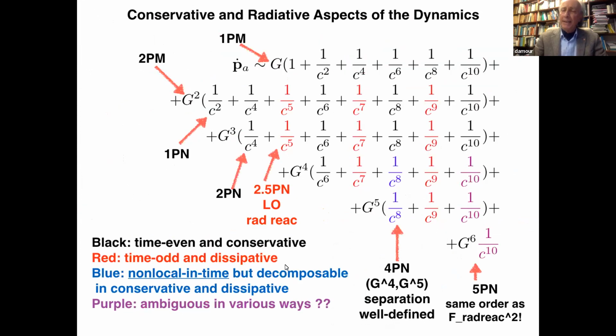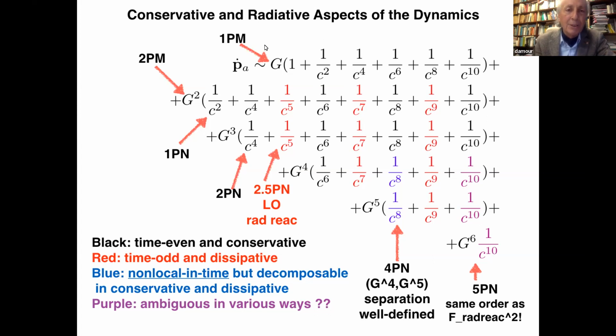Okay. Now, yes, so this busy slide contains some of the central messages I want to discuss, which is the fact that when you look at the dynamics of two bodies in general relativity in some gauge, and for clarity, you expand it both in Newton's constant, which means really the dimensionless parameter GM over c square b, where b is the impact parameter or a typical distance between the two bodies, and also in v square over c square, which is represented here as just 1 over c square.